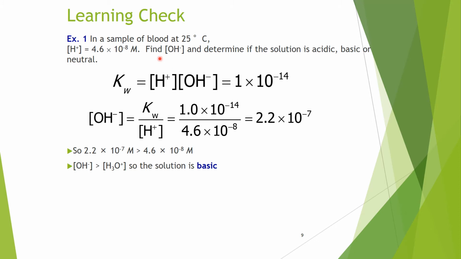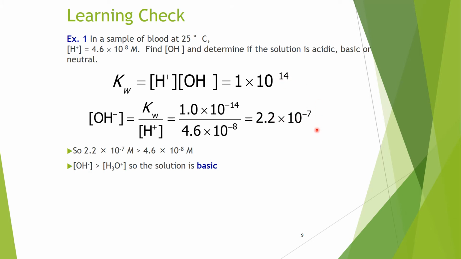Alright, so let's just do a little learning problem here. So let's say I know the H plus is 4.6 times 10 to the minus 8. What is the OH minus? Well, here we have our equation. It's at 25 degrees C. So what we do is solve for OH minus. And this should be molar here.